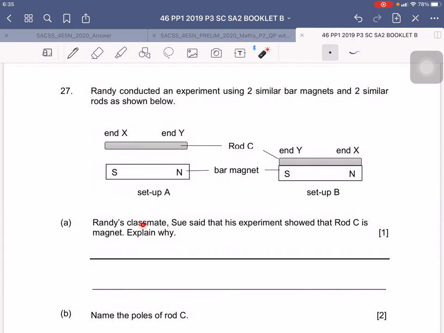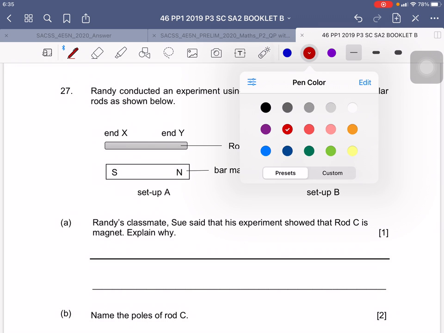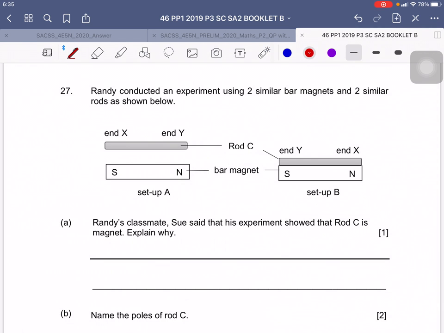Okay, so Randy's classmate Sui said the experiment showed that rod C is a magnet. Explain why. So if we observe, there's attraction, and over here is repulsion. Okay, repulsion.